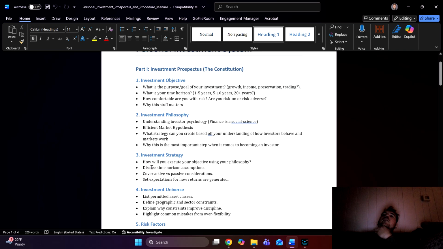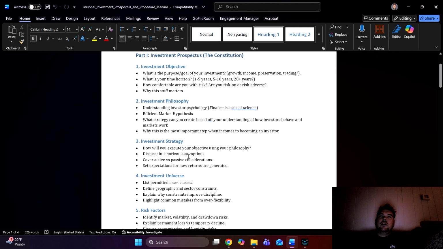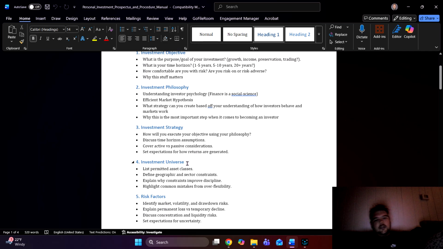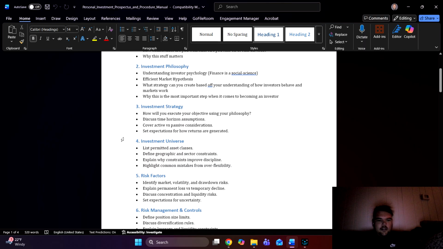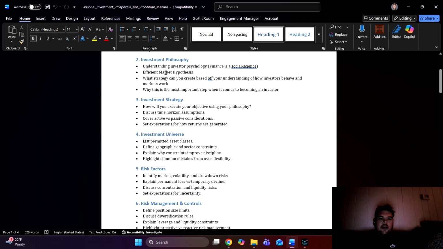I would also say being aware of trends or hype, like companies that are being hyped up, is a good thing, because maybe you find an opportunity there and you can capitalize on it, or maybe you want to steer clear of companies like that. So, investment strategy: how you're going to apply your objective and philosophy.